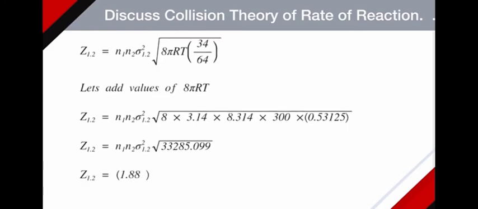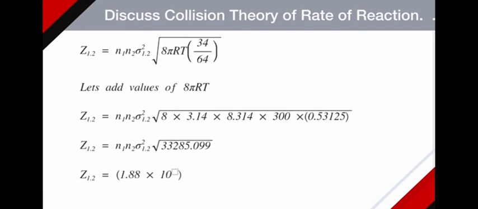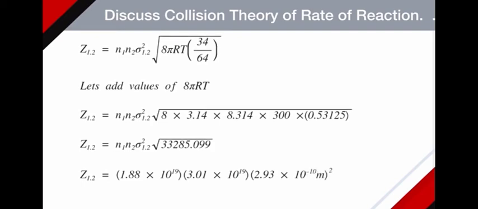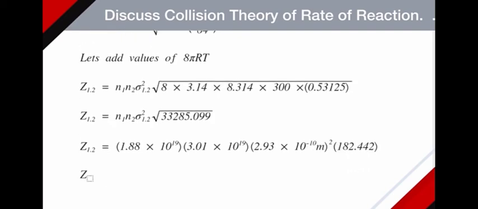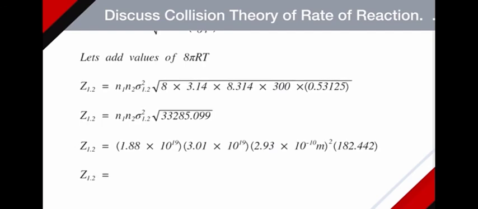So Z 1.2 becomes 1.88 into 10 to the power 19 into 3.01 into 10 to the power 19 into 2.93 into 10 to the power minus 10 meter square into 182.442. Now let's multiply first two factors and also take the square of sigma.